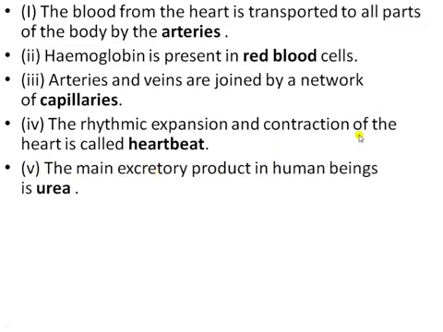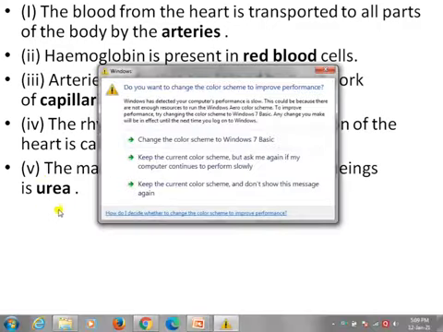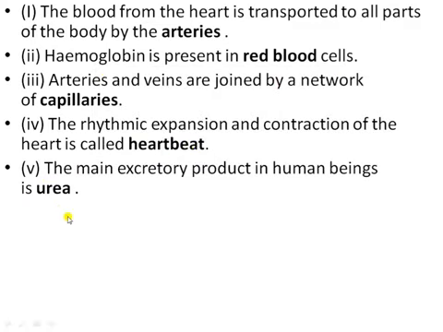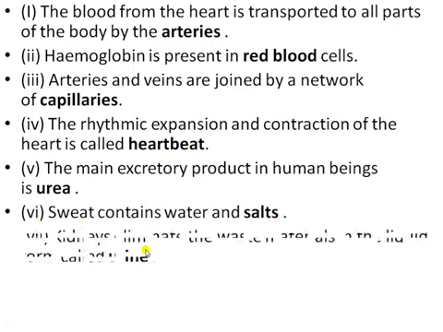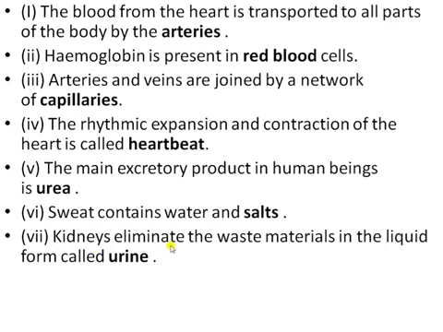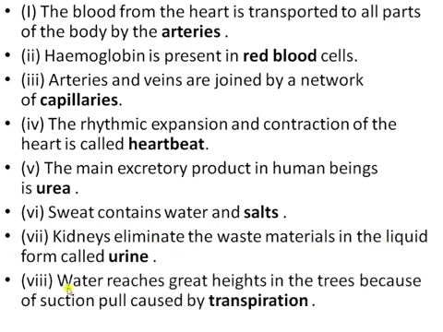Fifth one, the main excretory product in human beings is urea, and in the composition of urine, 2.5% urea is present. Sixth one is: the fat contains water and salts. Seventh, the kidney eliminates the waste material in the liquid form called urine.